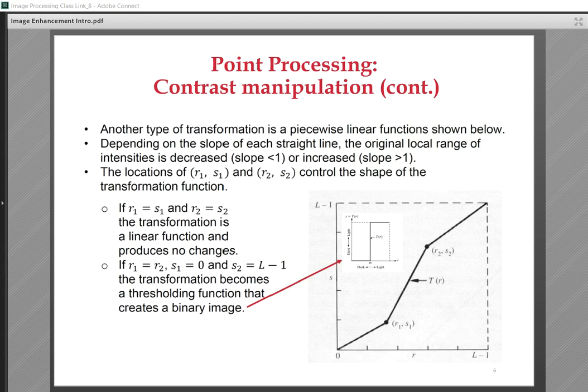But this is piecewise linear. In each section we have some slope. This is a slope of 1, a slope of 2, a slope of 3.